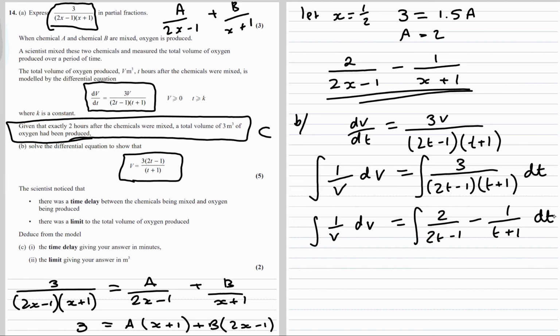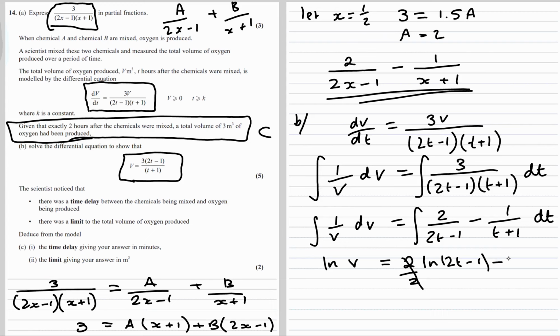So now we can integrate all of these. They are all going to be natural logs, ln's. So we've got the integral of 1 over V dV, that's ln V. 2 over 2t minus 1, so it's 2 ln(2t minus 1), and we're going to divide by the bracket differentiated, which is 2, so that's actually going to cancel out.